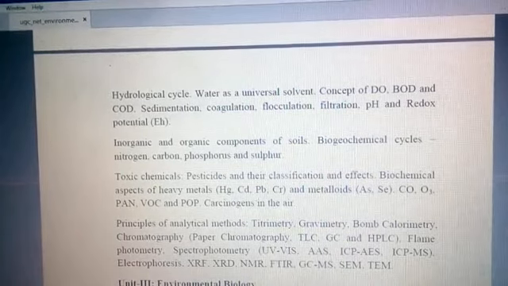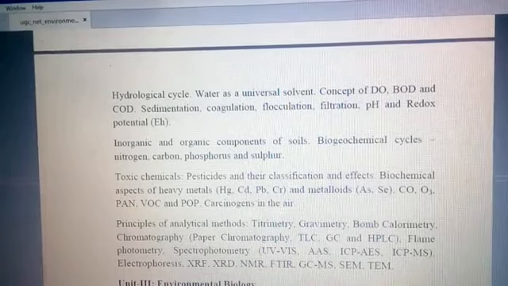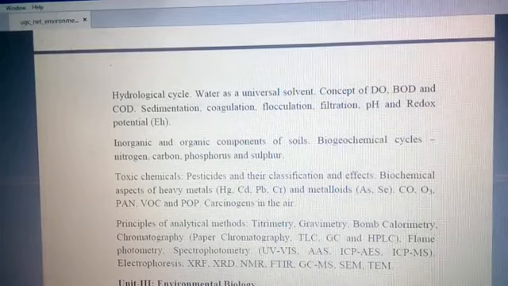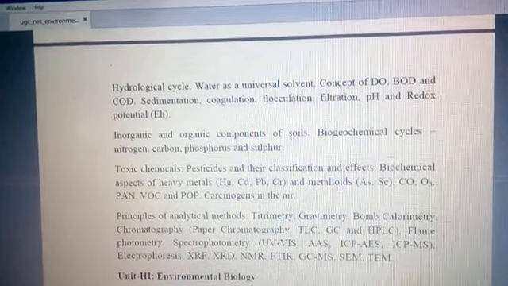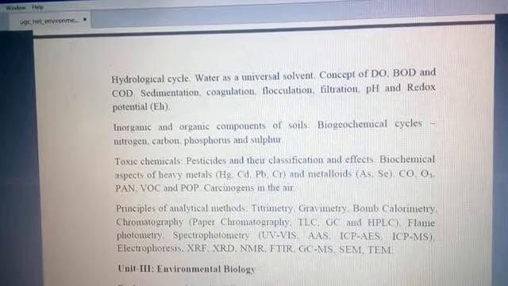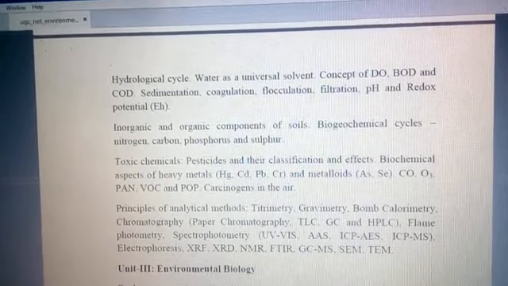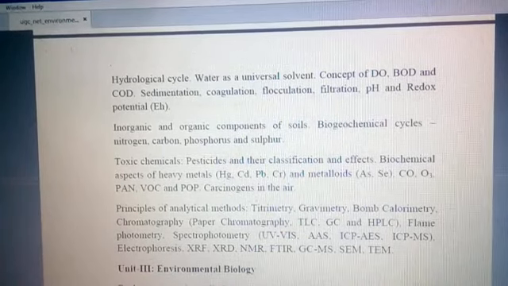Flame photometry, spectrophotometry, in which UV-visible, AAS and ICP-AES, and electrophoresis, XRF, XRD, NMR, FTIR, GC-MS, SEM and TEM. These topics will be discussed in the analytical methods for investigation of chemical species and confirmation of functional groups and other things.